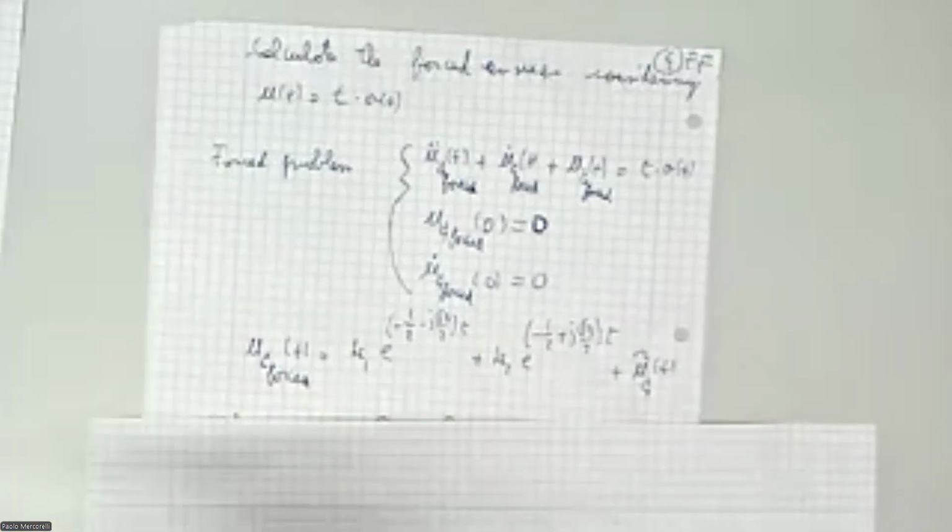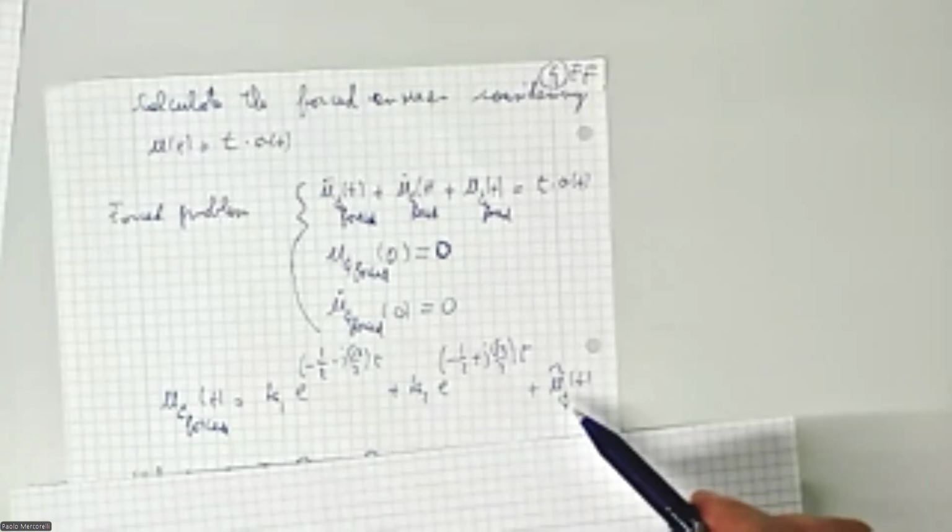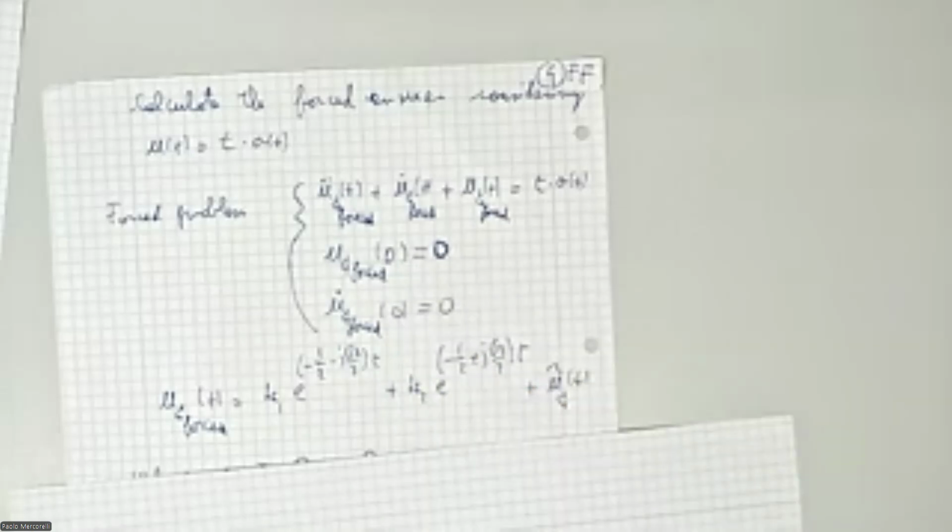I don't know if you remember in the math, a non-homogeneous solution in which we have the solution of the homogeneous, general, plus a particular solution. And then once we are able to calculate this particular solution, we calculate K1 and K2 using the initial conditions.